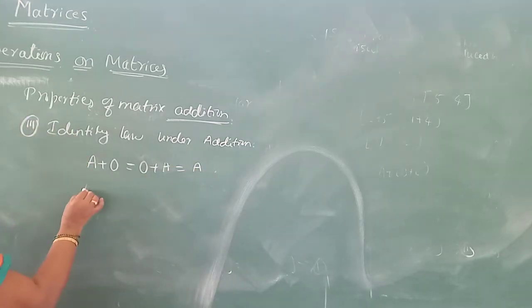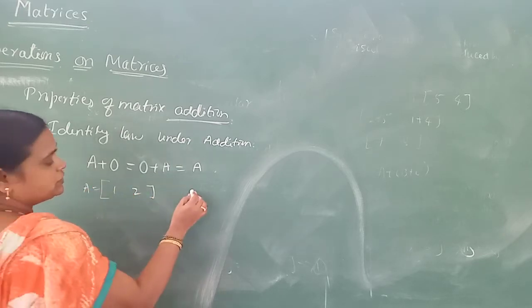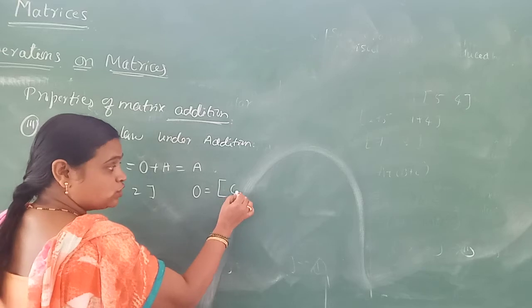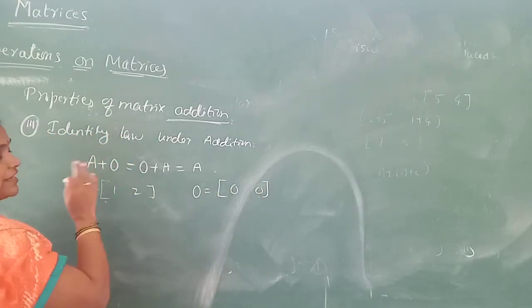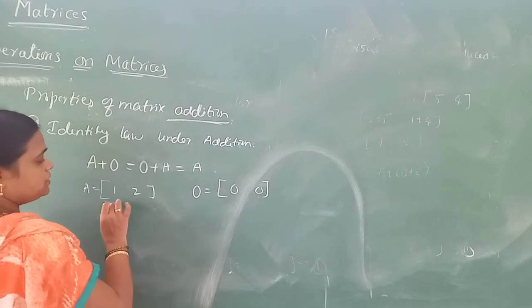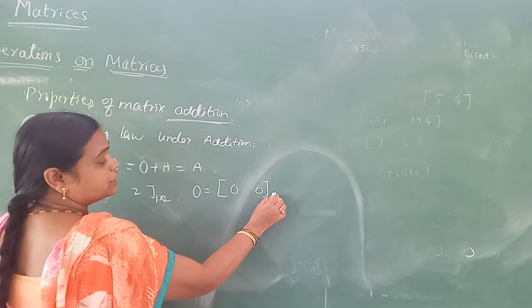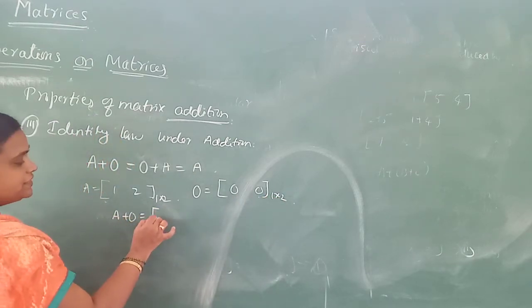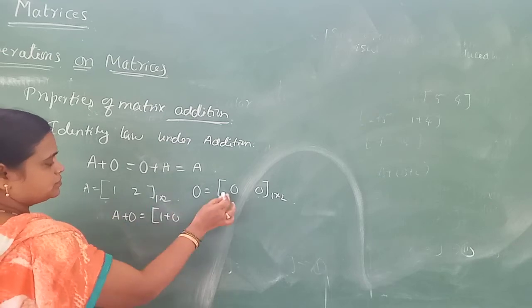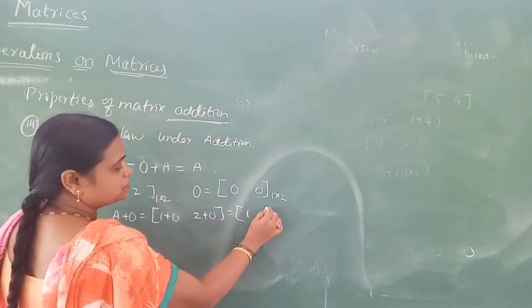Take A as any matrix, [1, 2], and we know that 0 is a zero matrix of the same order. Then only we can do the addition, otherwise not possible. How many rows? 1 row. How many columns? 2 columns, so 1 into 2. Then A plus 0: 1 plus 0, 2 plus 0, you get [1, 2].